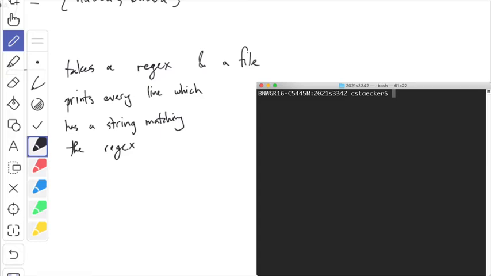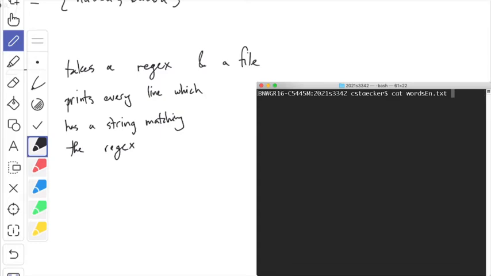What I have on my computer here is just a giant file of English words. I have a file of 100,000 English words that's called words.txt.